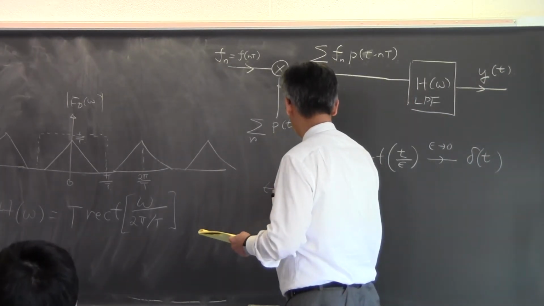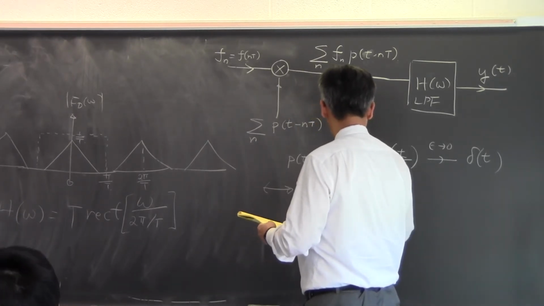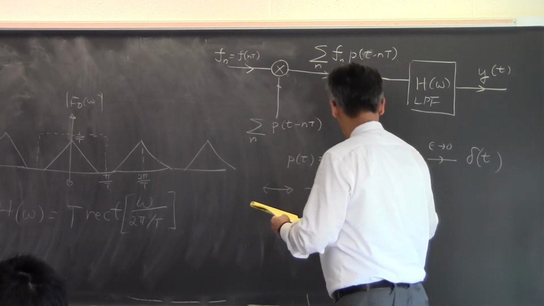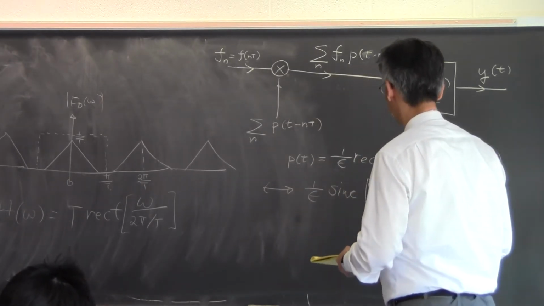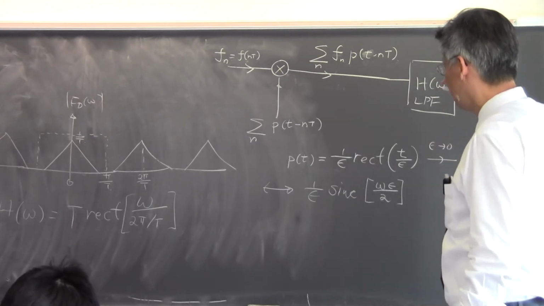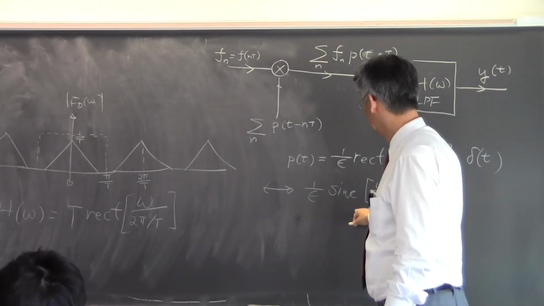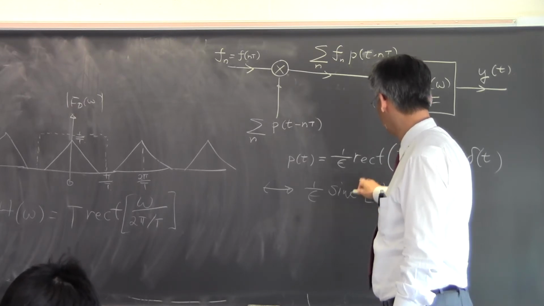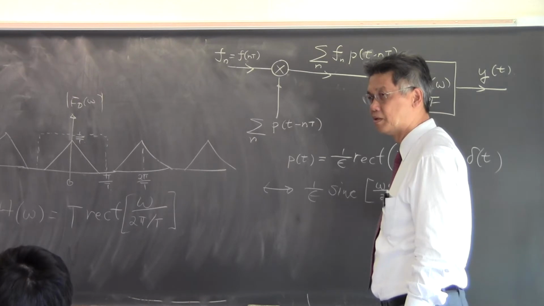And if you take the Fourier transform of this, it looks something like this, a sinc of omega epsilon over 2. How the sinc of this thing looks when epsilon is very small.